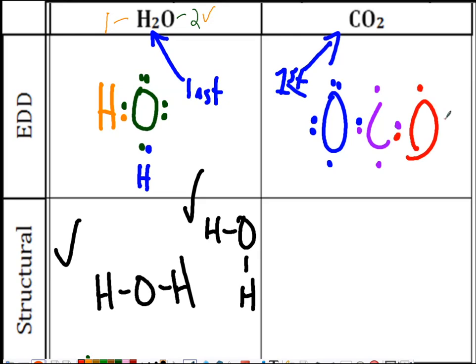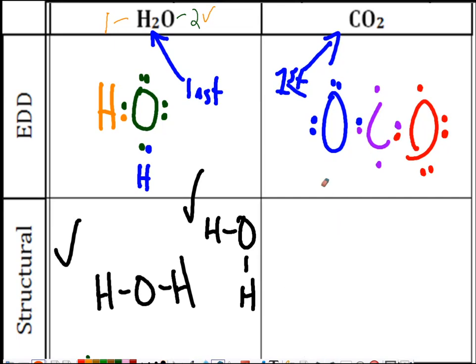Make the bond first. 1, 2, 3, 4, 5, 6. Now you'll notice each of the oxygens have 7 dots. The carbon has 6 dots, but there are available bonding opportunities here and there. So we want to make those bonding opportunities because it turns out you're going to need double bonds.